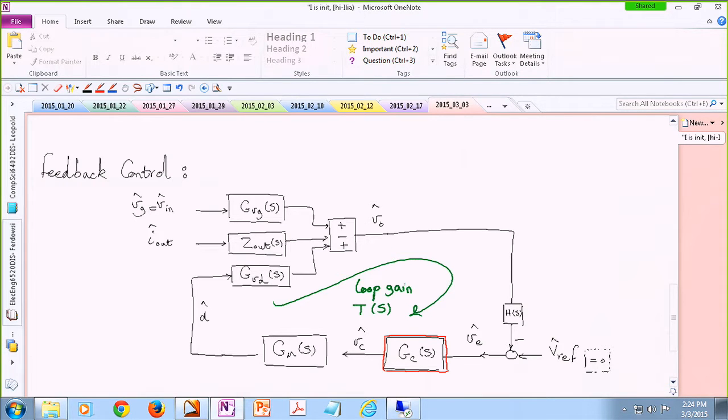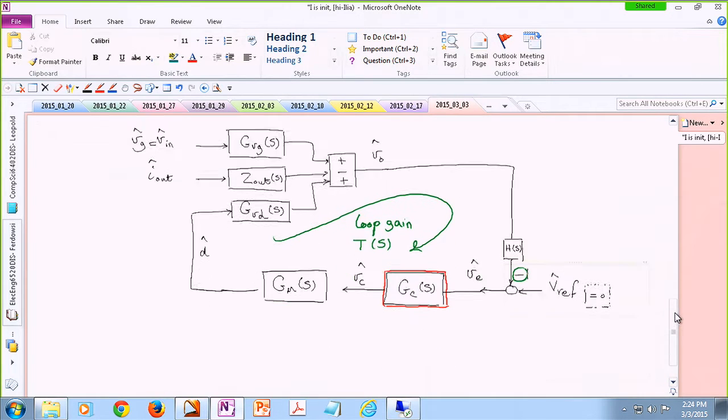What is important in looking at the loop gain is there is always a negative sign appearing in our loop gain, and we always neglect that. That negative sign comes from here. But when you are forming your loop gain, you always neglect this negative sign. The whole thing is you already know there's a negative sign over there, and forget about it. Don't consider it when you're writing your loop gain.